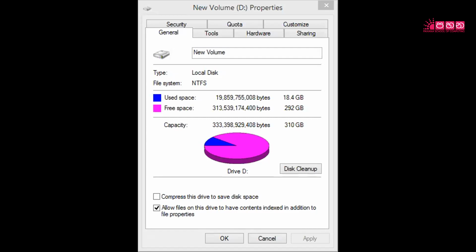This is D. D again, you have 310. Good. Again, the screen sharing stopped.